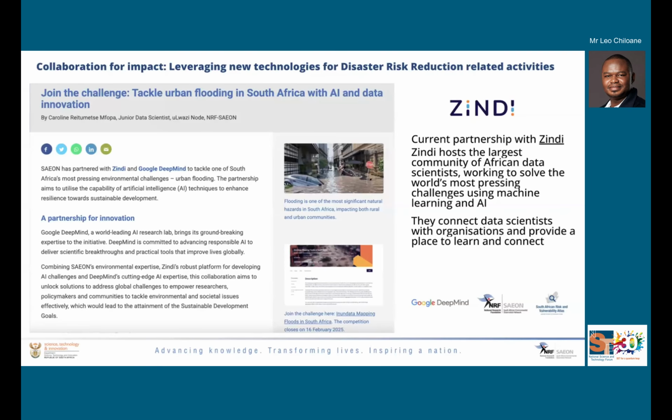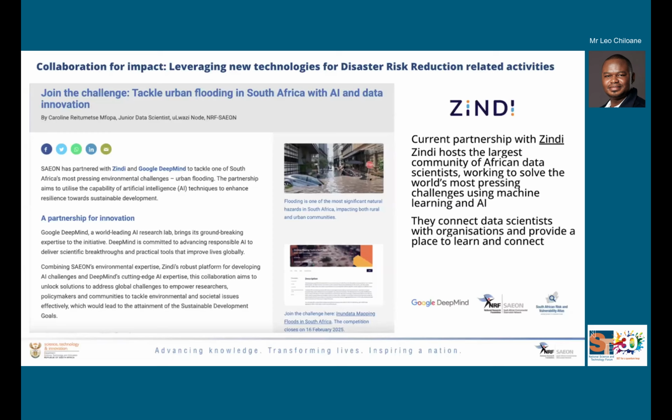But we also realize that there is a need to leverage new technologies, and given limited capacity at times, there is an increasing need to partner up with other organizations to tackle some of these challenges. So, in our context, we have an AI partner from industry called Cindy. They host the largest community of data scientists.